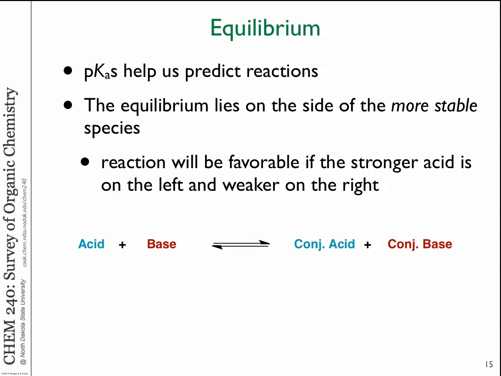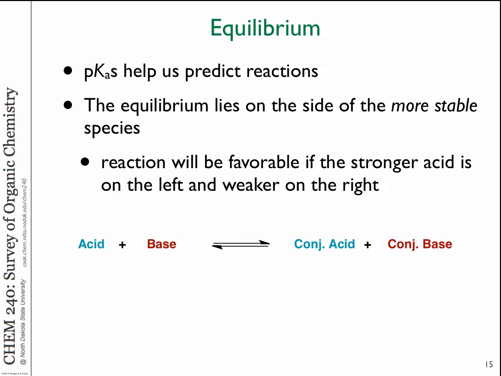In the absence of having those numbers available, I would hope you could look at the structures, have some idea about what gives a molecule greater or weaker acidity, and make some generalizations about where this equilibrium might lie.